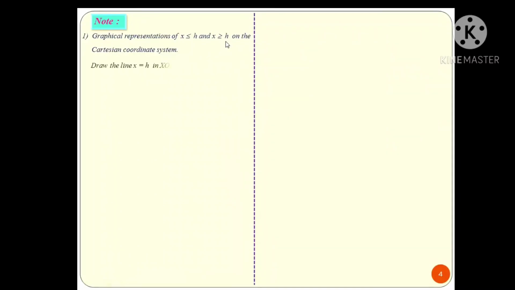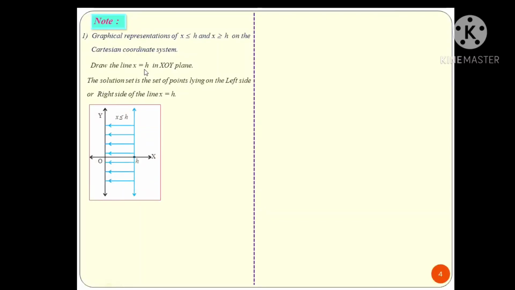Very simple thing. To draw, first draw the line x is equal to h in the xy plane, that is a line parallel to the y axis at a distance of h units from the origin. Check the figure here.